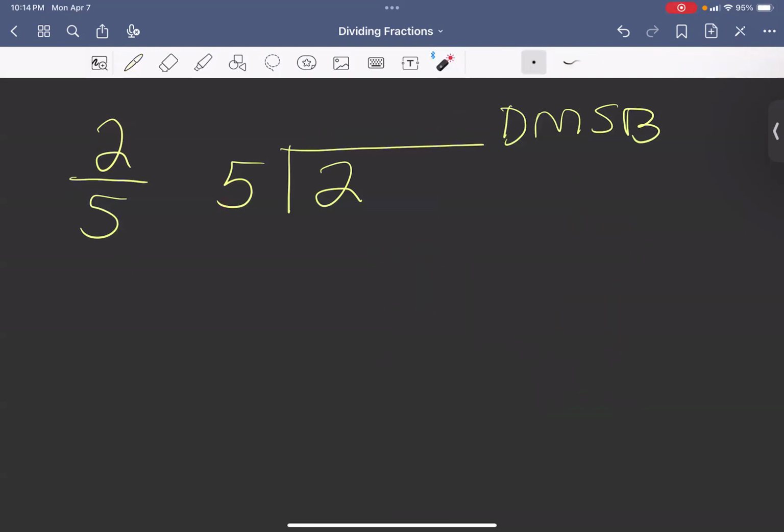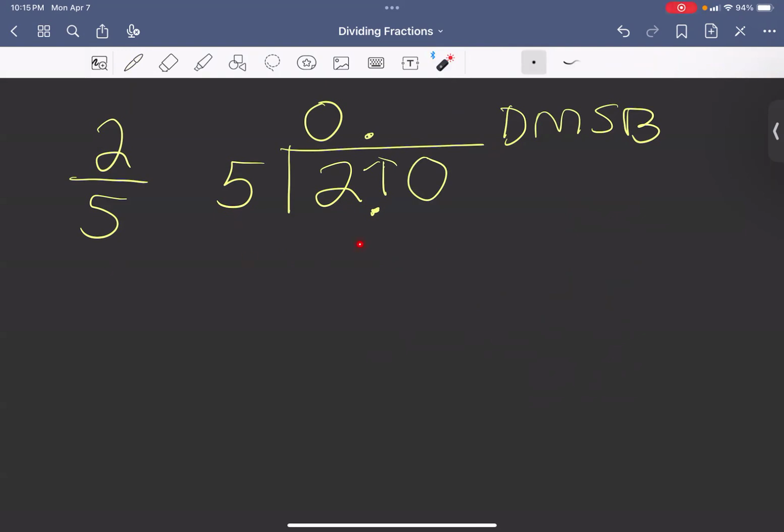So we're going to start with division. 5 goes into 2 0 times. So whenever we want to keep dividing, but we don't have any more numbers, we add a decimal, bring it upstairs, then add a 0. Now we can divide.